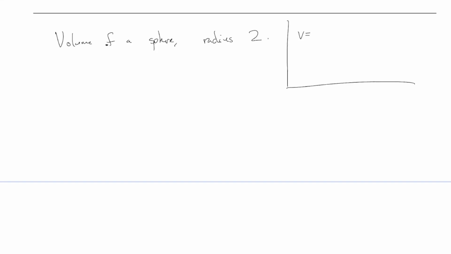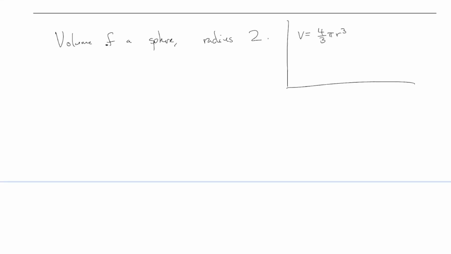This is slightly obscure, but I don't really care if anybody remembers it. This is cute trivia. It is 4/3 pi r cubed. This is the formula for the volume of a sphere.